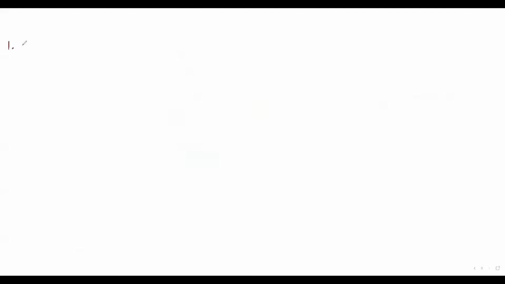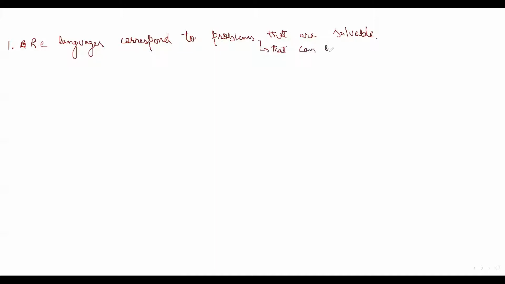The first point is that all recursively enumerable languages correspond to problems that are solvable, or we can say recursively enumerable languages correspond to problems that can be solved by a Turing machine.